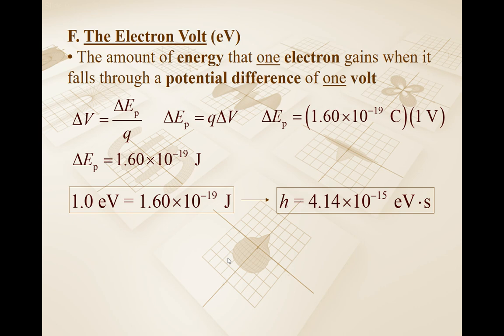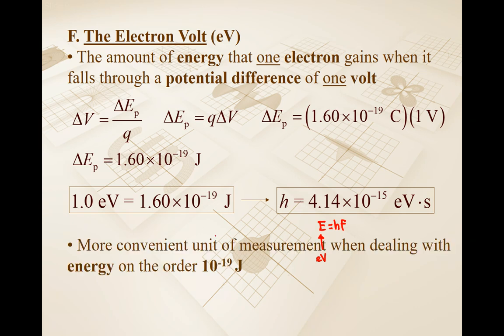So if we use the equation for the energy of a photon, E equals h times f, with this value for Planck's constant, that would give me the photon energy in electron volts. It just depends on what you want to do. If you want to calculate in joules, use 6.63 times 10 to the negative 34 joules times seconds. If you want energy in electron volts, use this value.